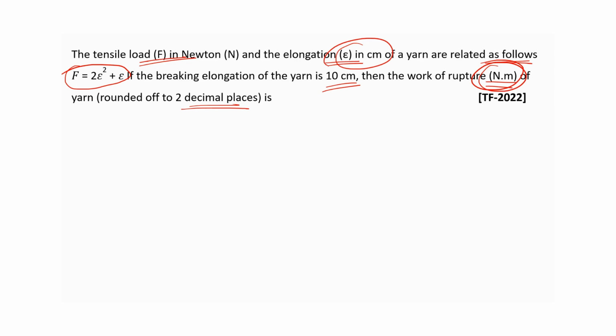So F is equal to 2E square plus E and the breaking elongation is 10 centimeter. We know that work of rupture is the area under the force elongation curve.